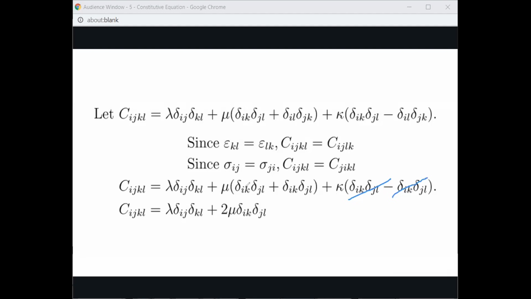And this one is the same, so it is multiplied by 2. Okay? If you add them, it's 2 mu delta IK delta JL. This one stays the same. Okay?